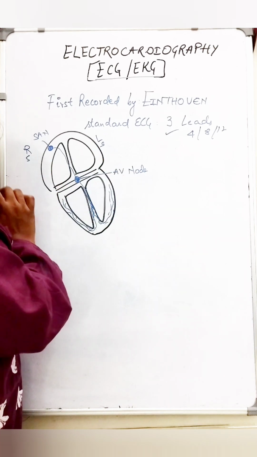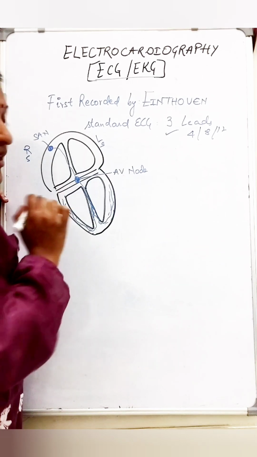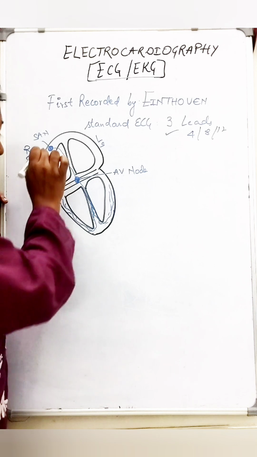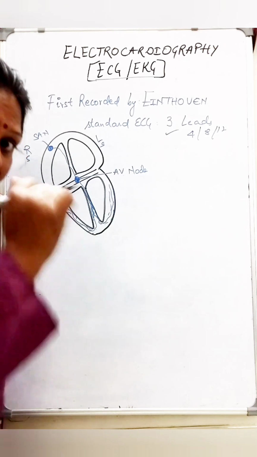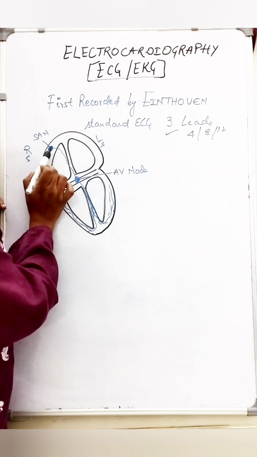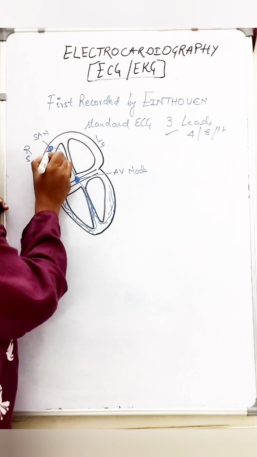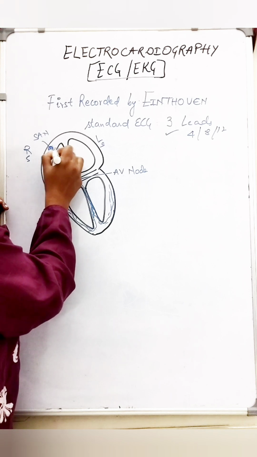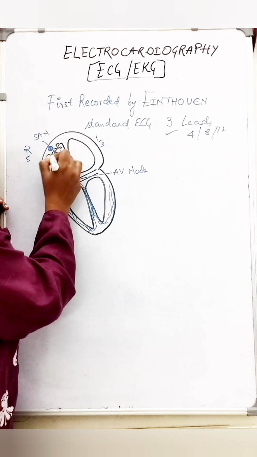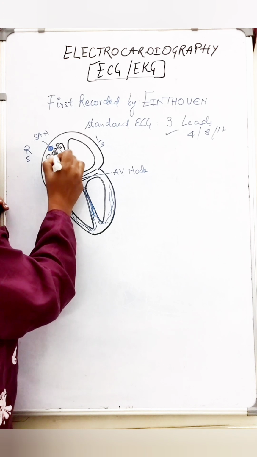Now this impulse is going to start the process of depolarization. So now this SA node, it is nothing but a cluster of cells, a mass cluster of cells. So what is going to happen?